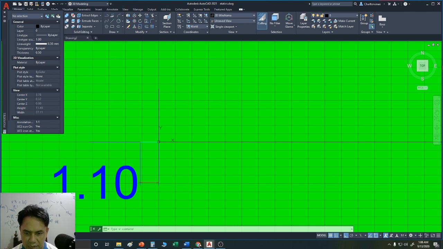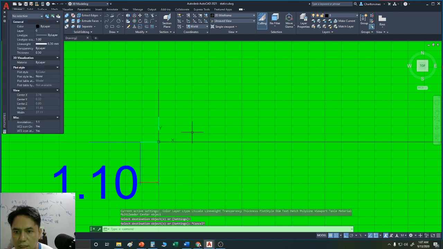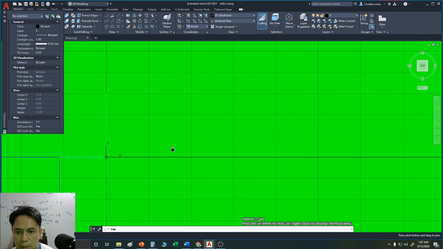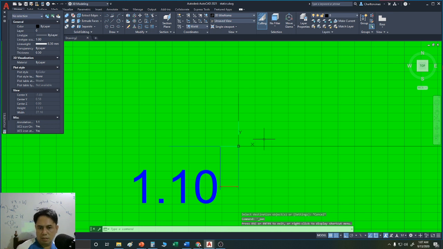If we have a line here going up, we'll put 1.6. So here is 1.1, the other is 1.6. Let us measure.